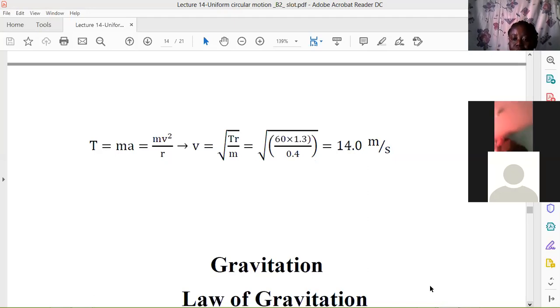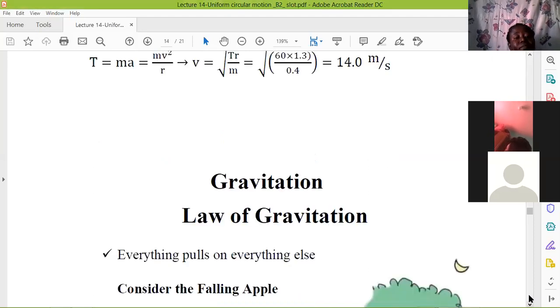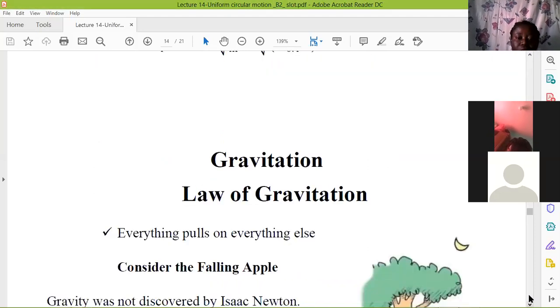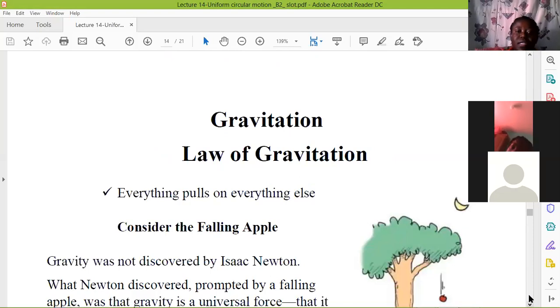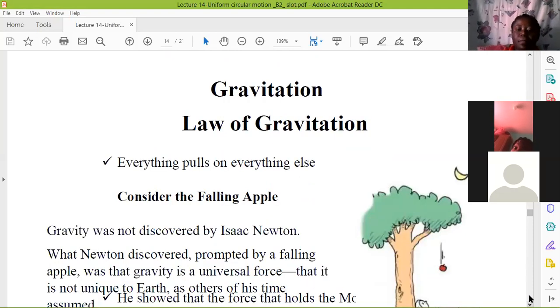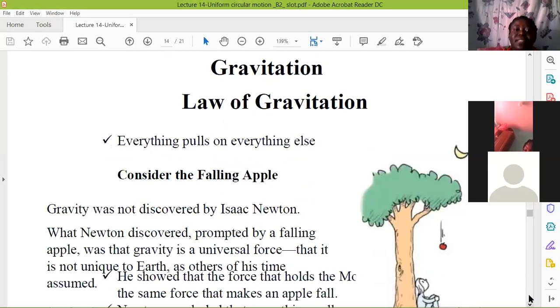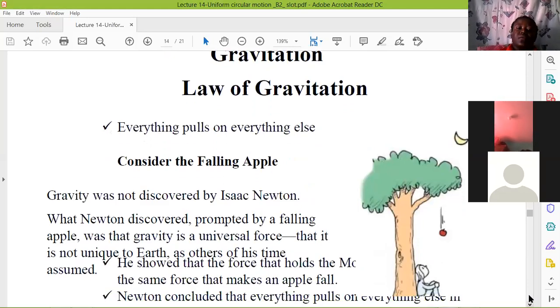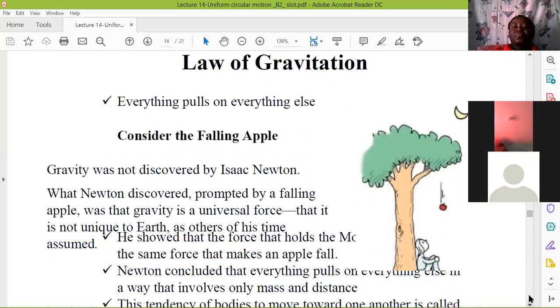With the gravitational forces, we have said a bit of it. This is just the force associated with gravity. But Newton said that everything pulls on everything else.